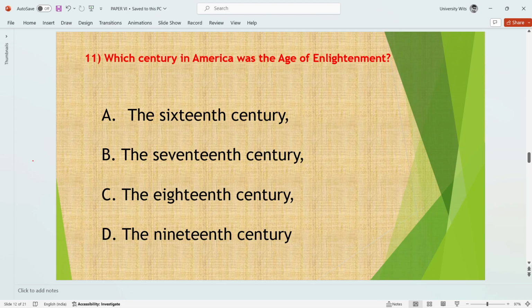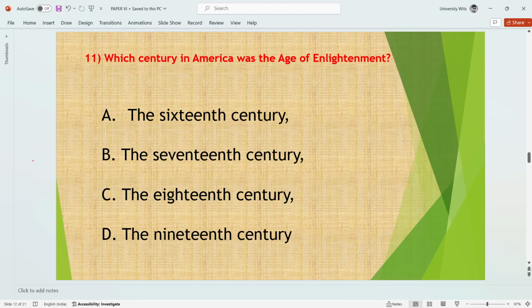So 1700 to 1800 is the timeline, and as we know, 1700 to 1799 is considered the 18th century.